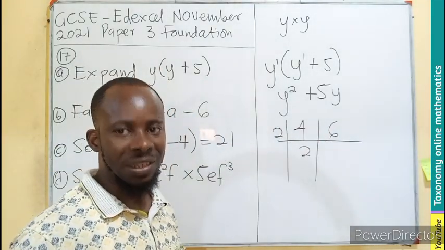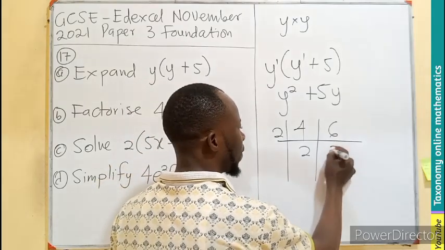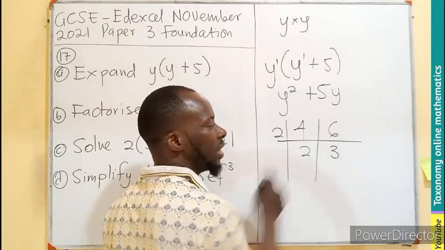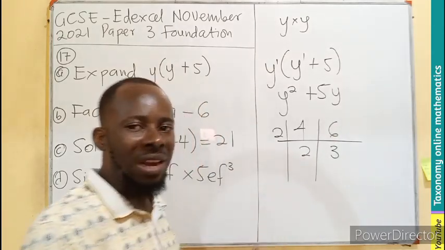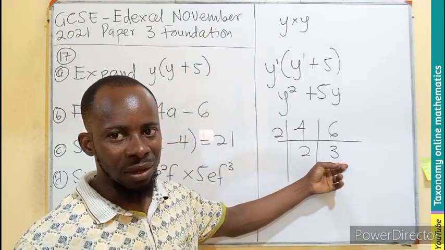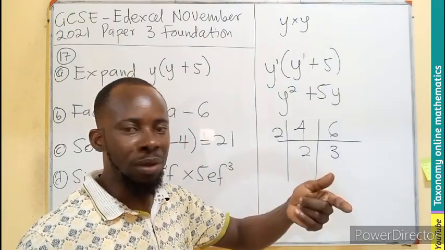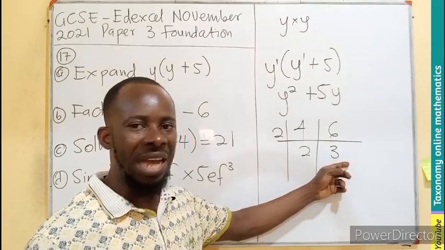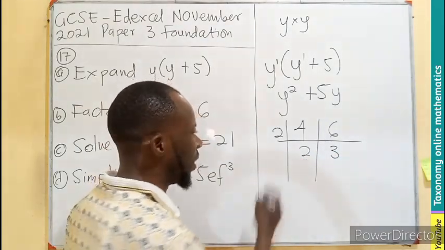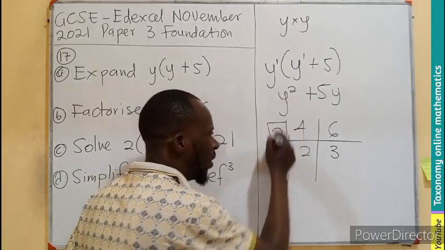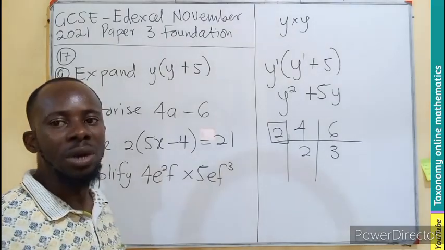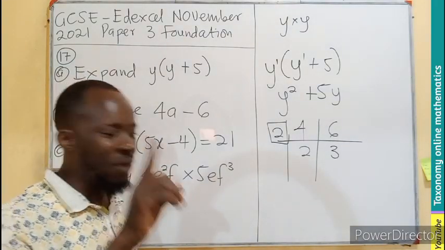Then 2 dividing 6 will be 3, meaning 2 times 3 is 6. Now, we don't have any common factor for 2 and 3, apart from 1. We are looking for prime numbers. 2 can divide 2, 3 can divide itself. So this is the only factor common to divide 4 and at the same time divide 6. So that becomes our common factor.